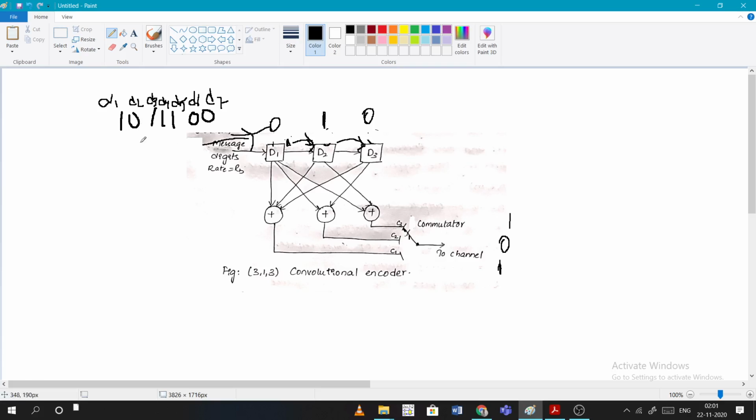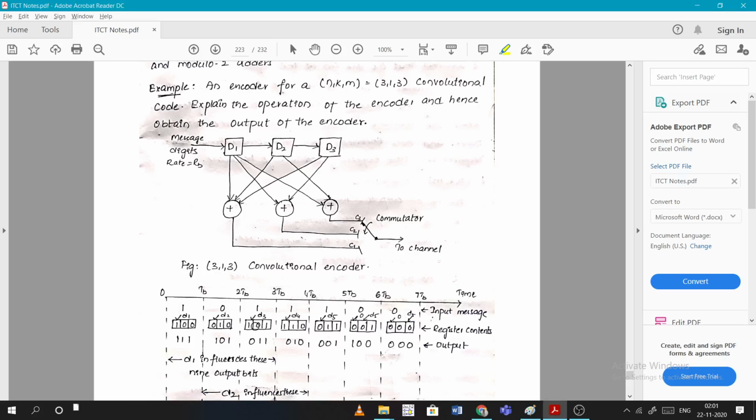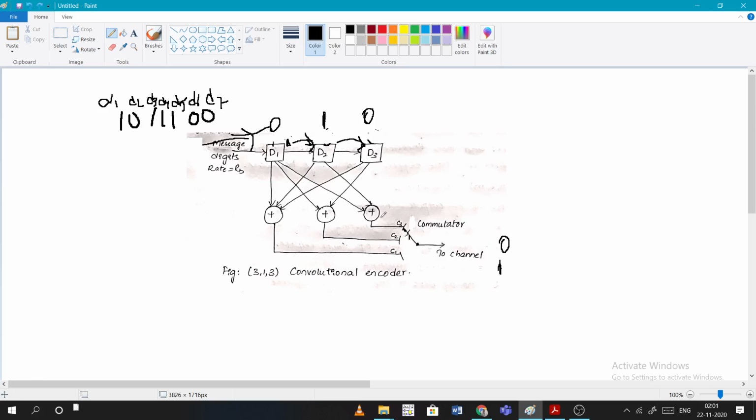So when I send the second bit, after this I will send the third bit. Now if I send the third bit, what happens? This will be shifted here, this will be shifted here, and the third bit, which is 1, comes here.